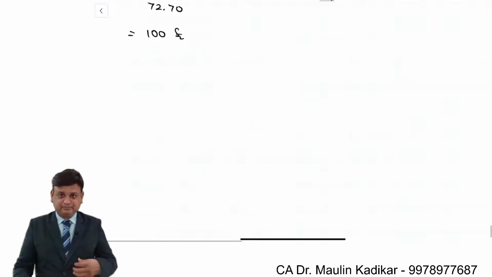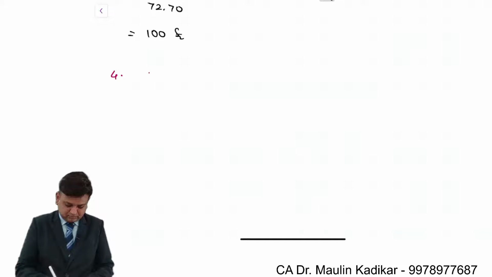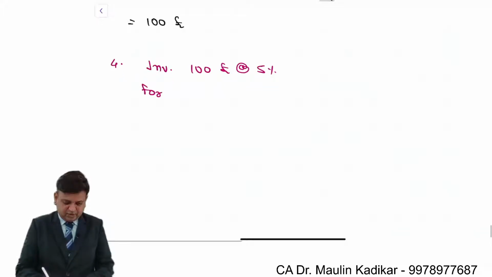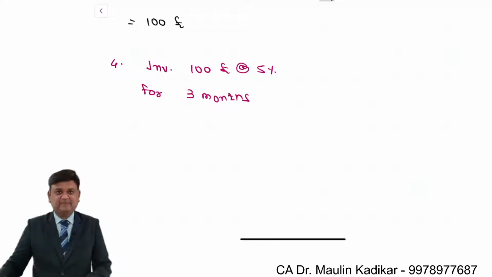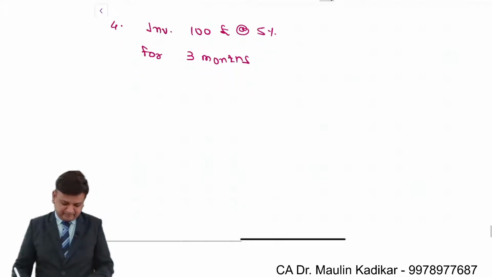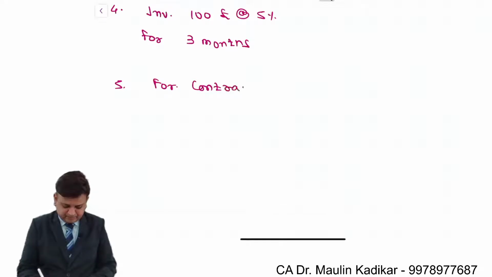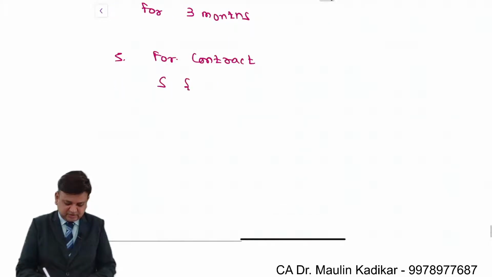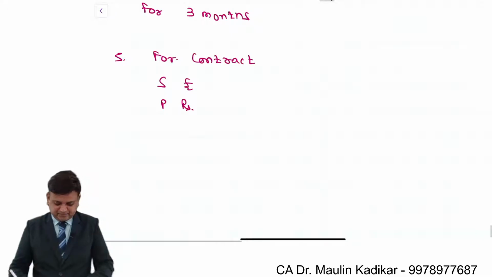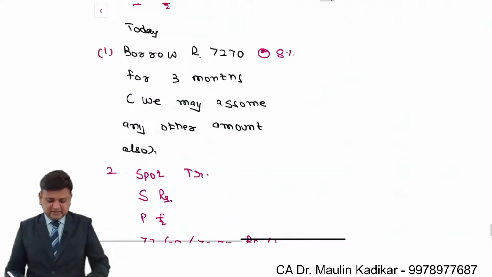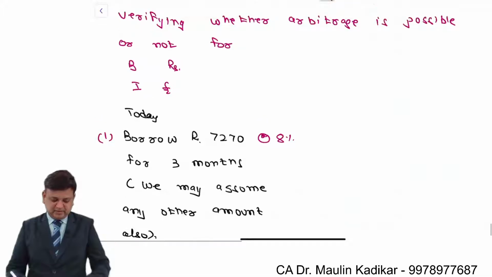Fourth, invest 100 pound at the rate of 5% for 3 months. Fifth, forward contract. The forward contract is conversion of the pound into rupees. These are the transactions which will be entered upon today.